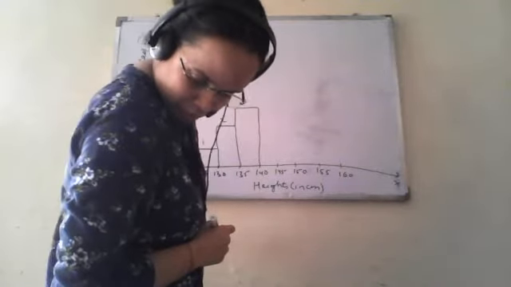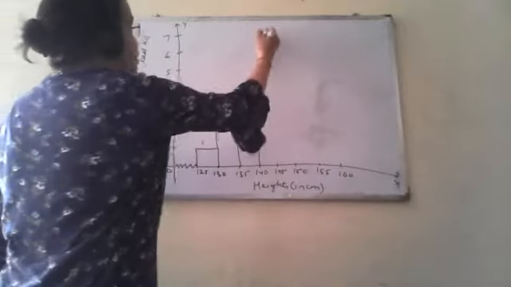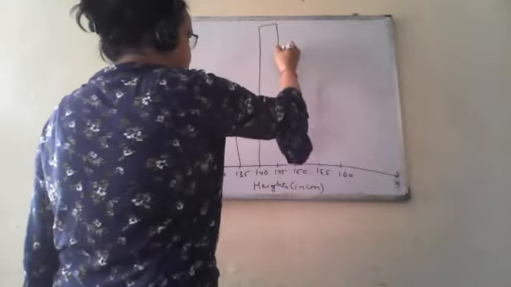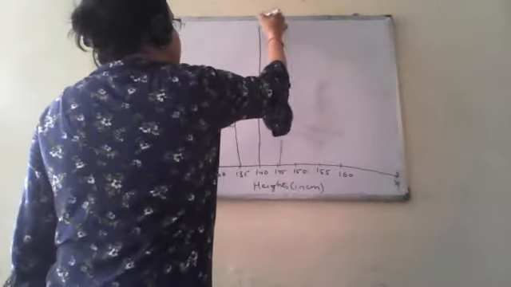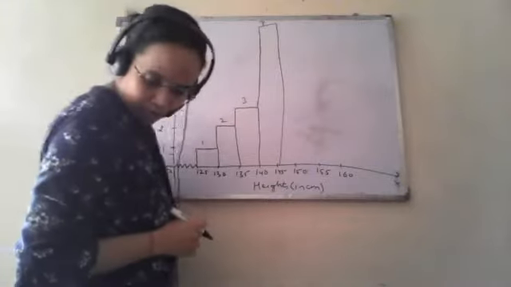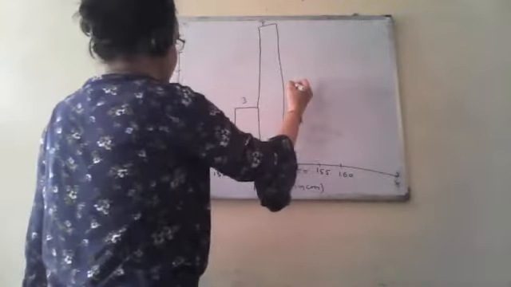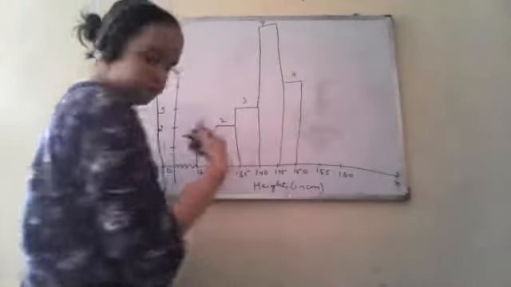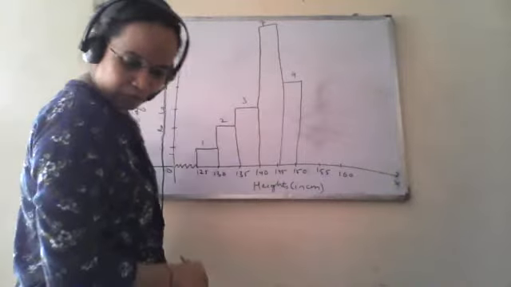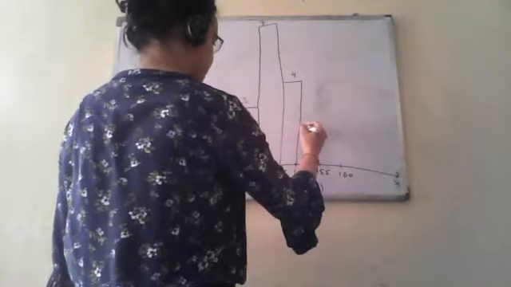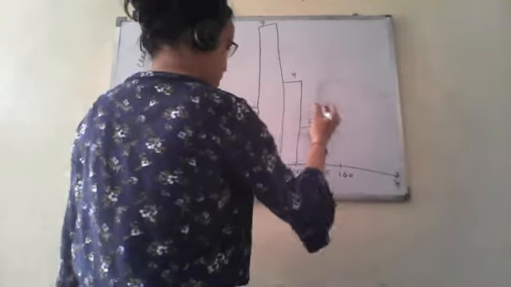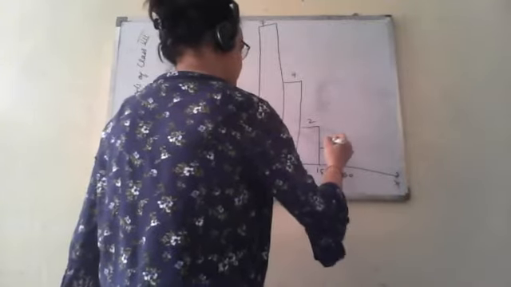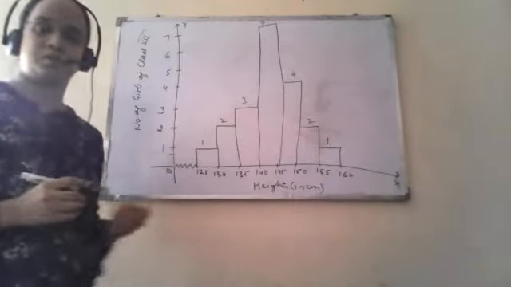Between 140 to 145, there are 7 girls. 145 to 150, there are 4 girls. Between 150 to 155, there are 2 girls. And between 155 to 160, there is only 1 girl. So this is the histogram we have been provided with.